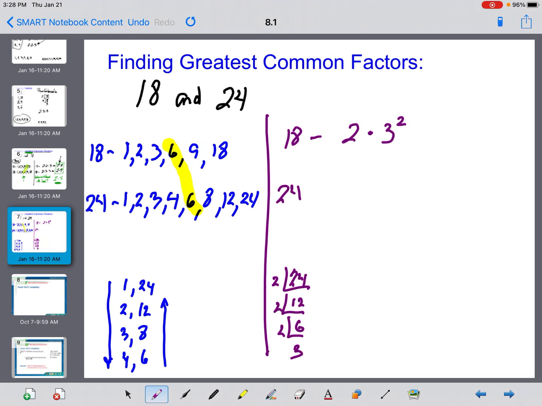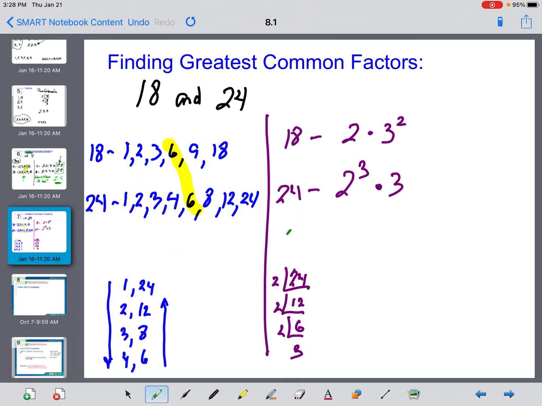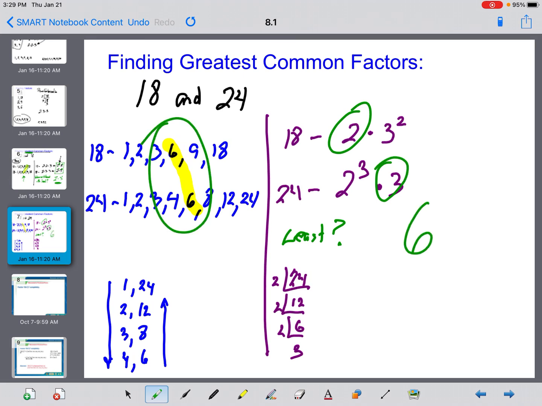Divides by 2, 12. Divides by 2, 6. Divides by 2, 3. So 24 is 2 cubed times 3. So remember my question was, where's it found the least? Well, here and here, which is 6, which is the answer. We got that other way.